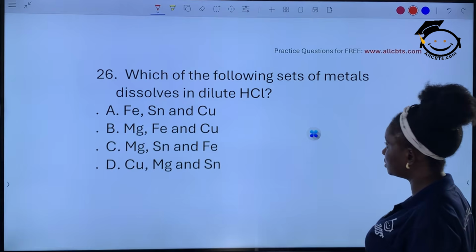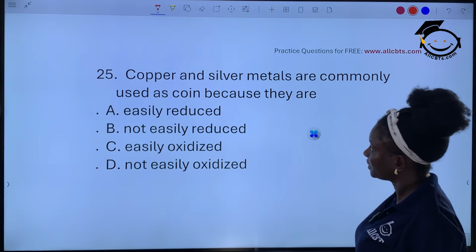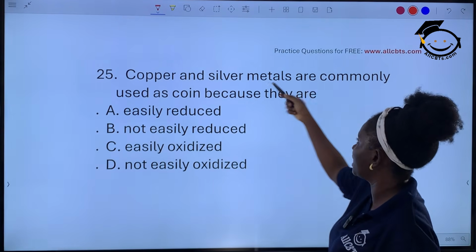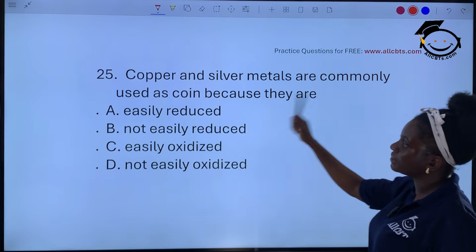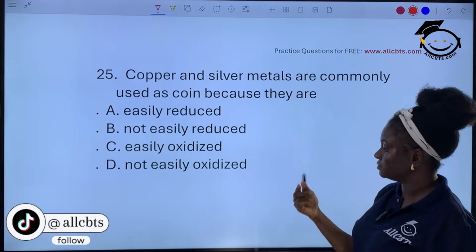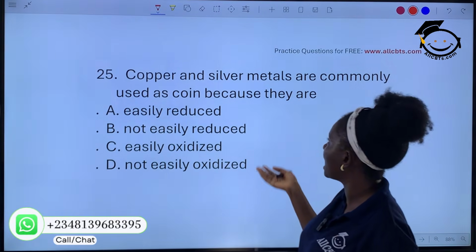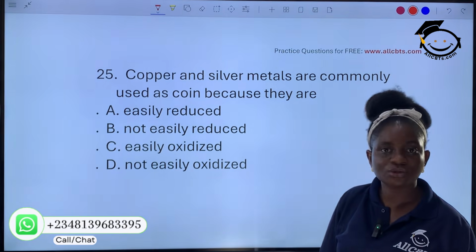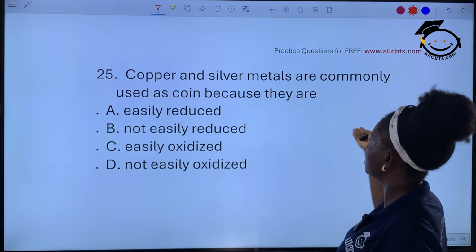So question 25. Copper and silver metals are commonly used as coin because they are... Why do we have coins that are made with copper and silver metals? Why not other metals? So why did they use copper and silver?